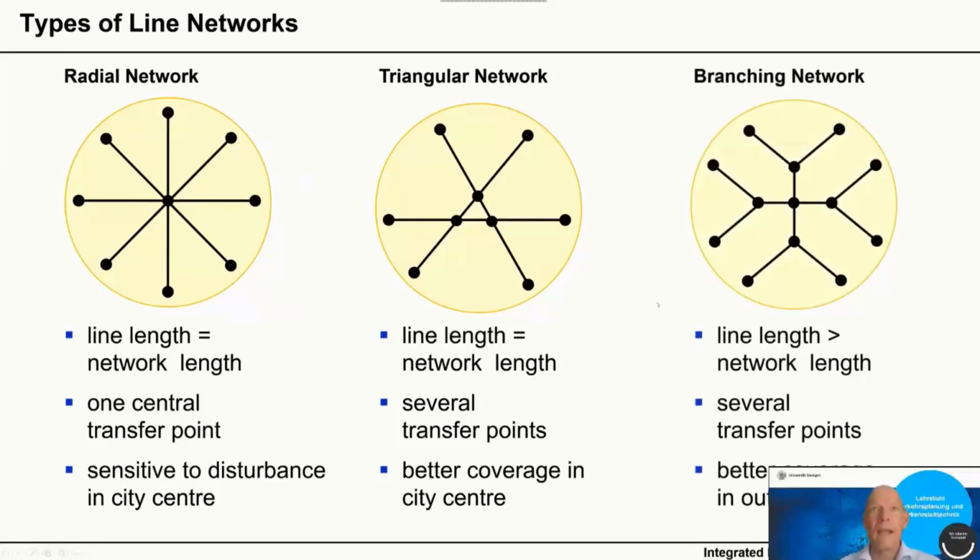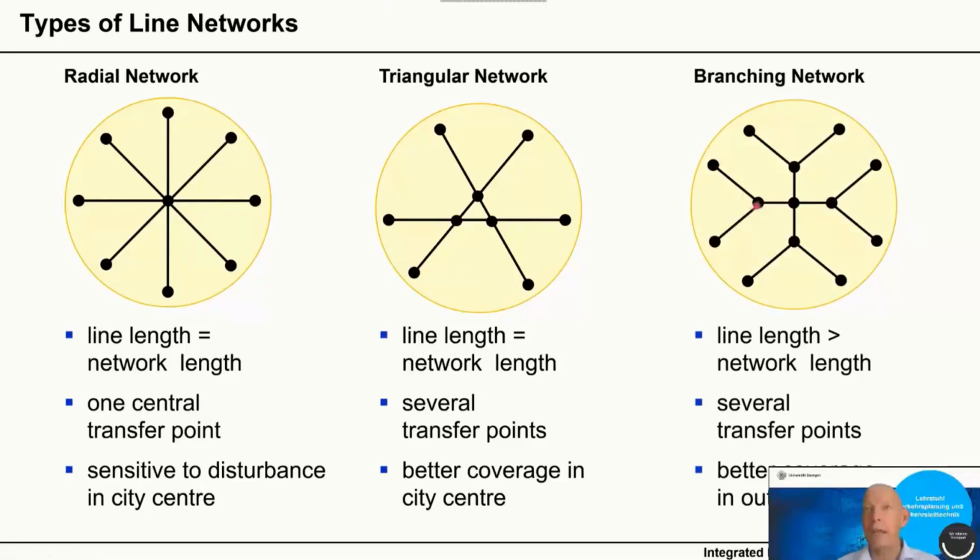And then a very common concept in the outskirts is branching. Because, well, looking at our cake, we have high density here, but we have lower density, which is different to a cake, in the outskirts. So here, maybe a 10-minute headway is sufficient, and here you may need a 5-minute headway.